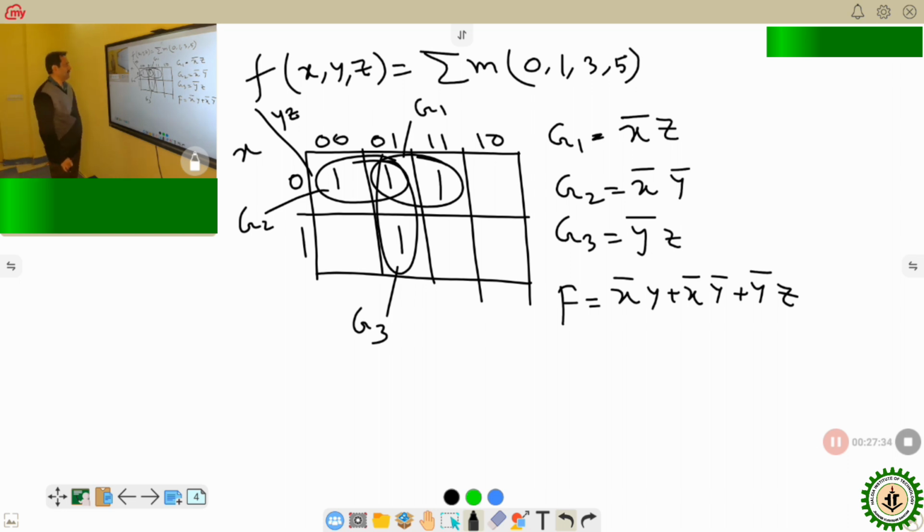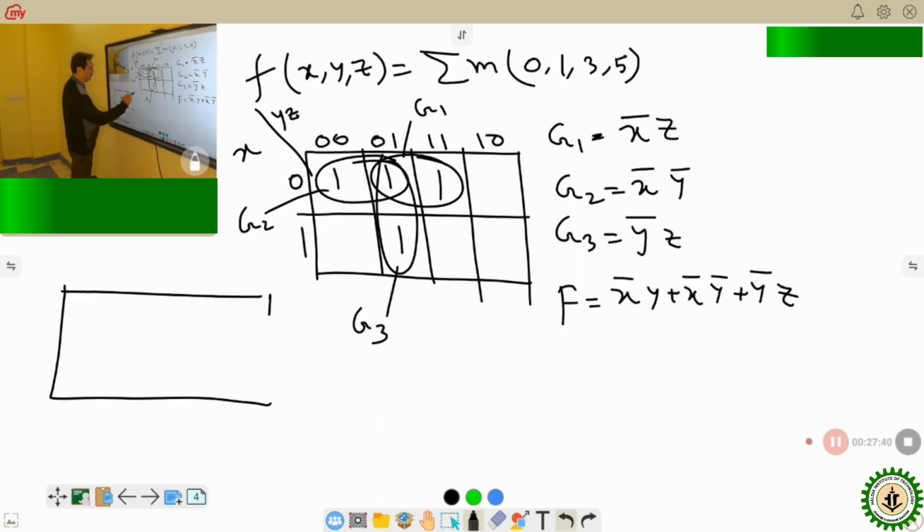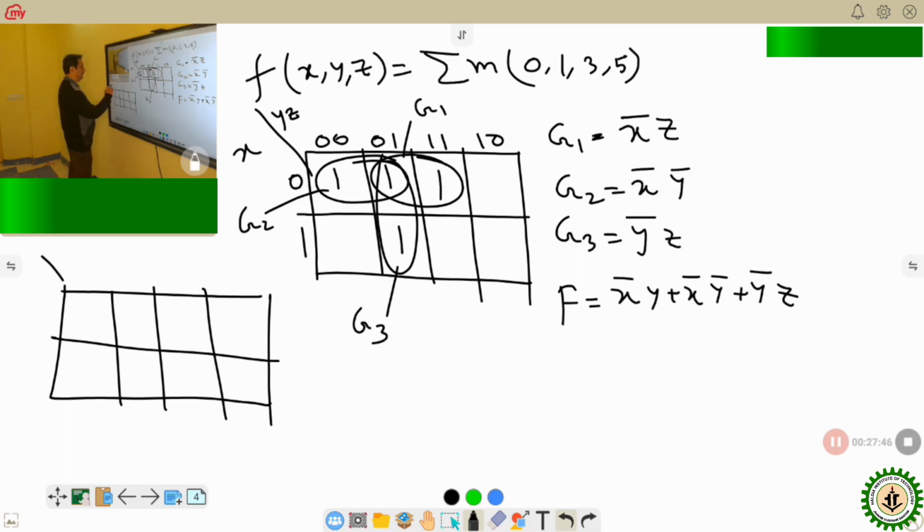Next, let's consider another example, for 3 variables. This is x, y and z. This is 00, 01, 11 and 10, and this is 0 and 1. For example, this is 1, this is 1, this is 1, and this is 1.